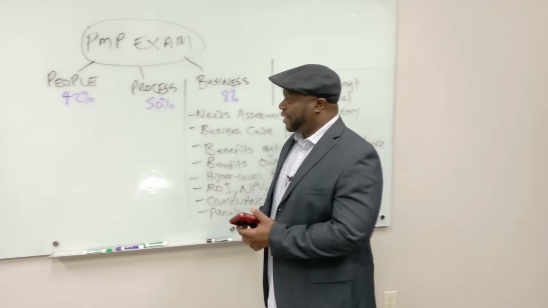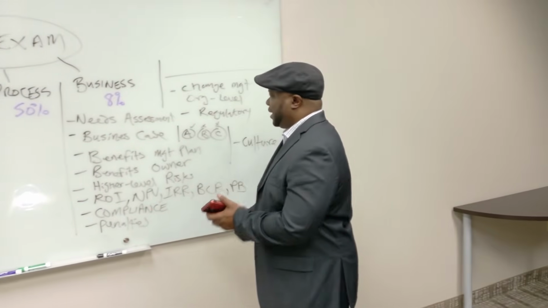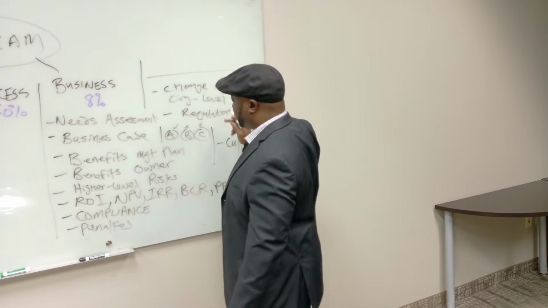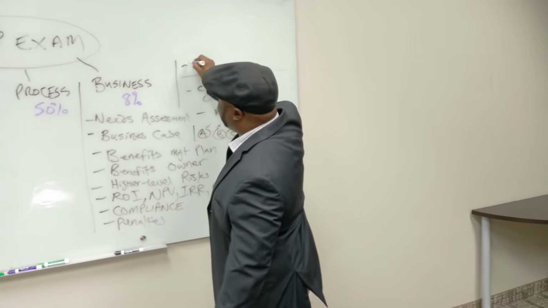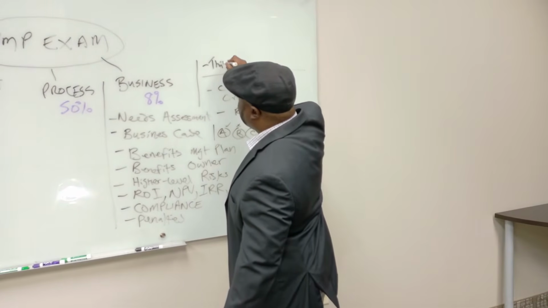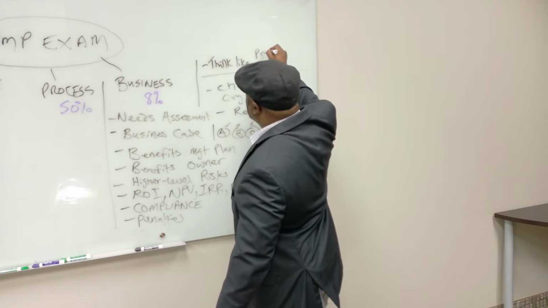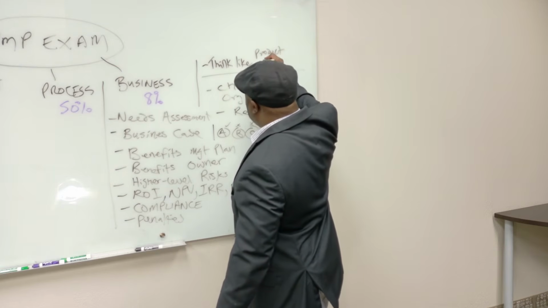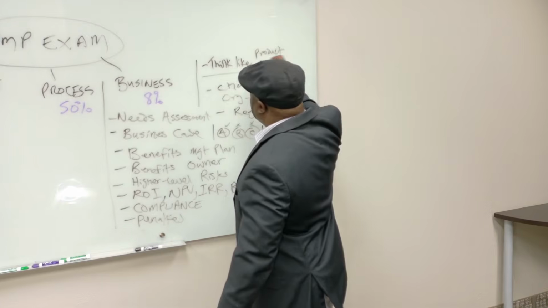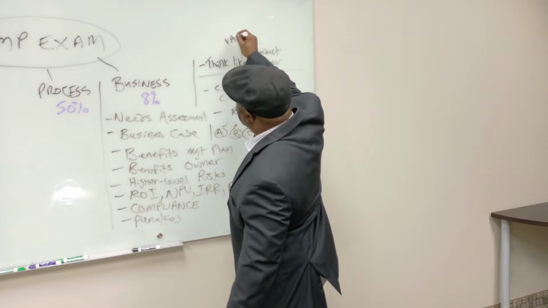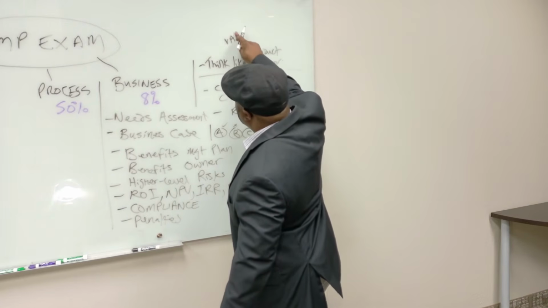One more aspect that I would recommend, as far as the business aspect is concerned, you got to think like a product owner, because the product owner is thinking of value, right?